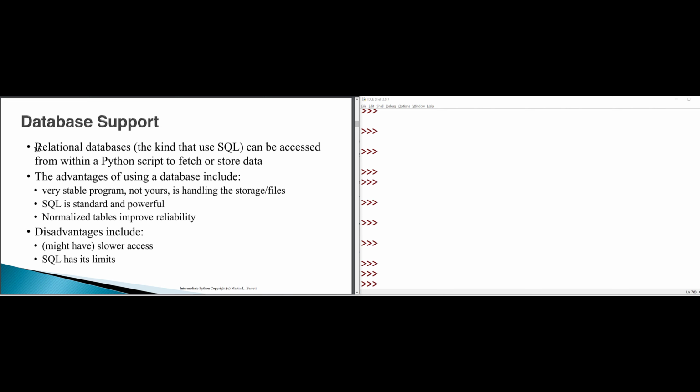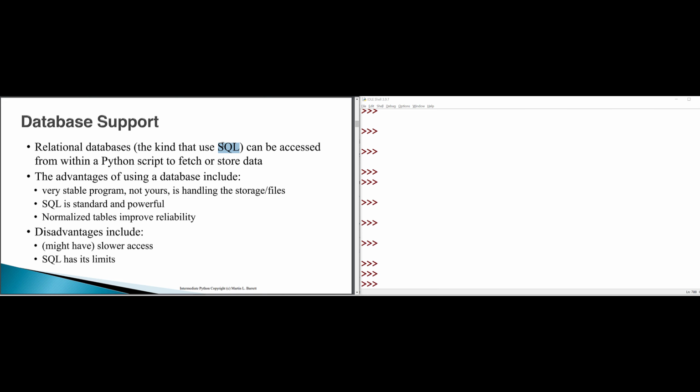Okay, so relational databases are probably the most popular kind of databases out in the world. There are other kinds of databases as well. And relational databases pretty universally support this language called SQL, which is an acronym for Structured Query Language.